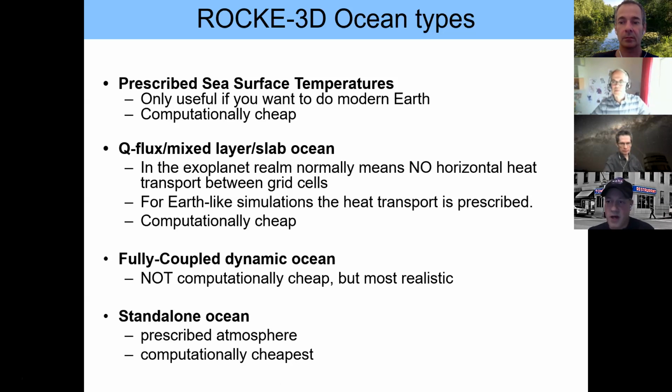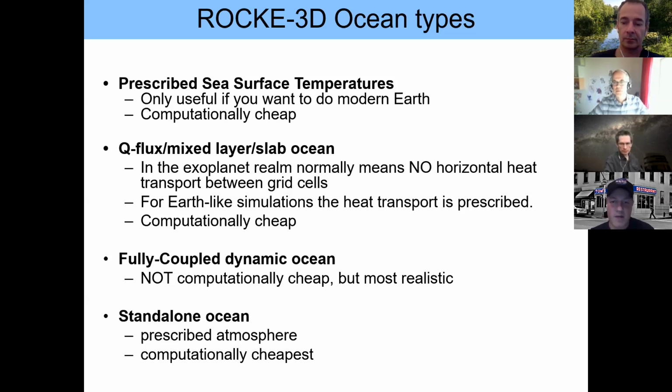We compute the internal heat content Q of the mixed layer, hence the Q flux, to account for the exchange of heat between the atmosphere and the ocean. This is also relatively cheap, computationally speaking, when compared with a fully coupled run.